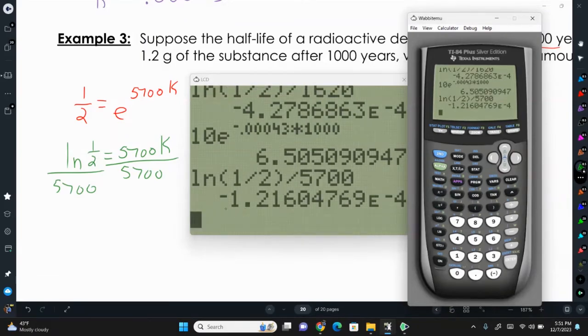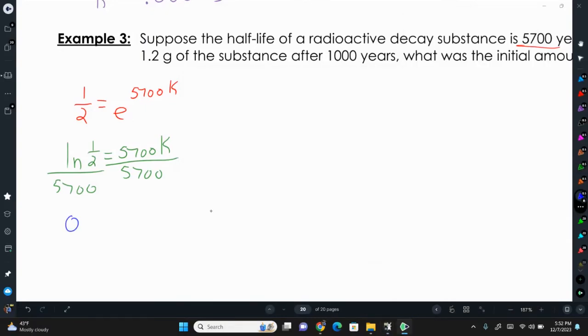So we move the decimal left twice, or sorry, 4 times. So 1, 2, 3, 4. So it's going to be negative 0.00012. All right, so now we have our k value.